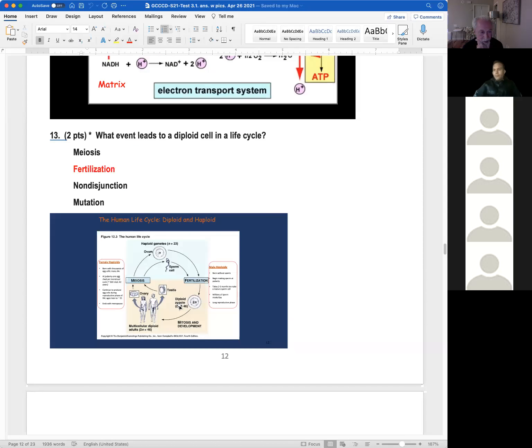If the sperm fertilizes the egg, that's called the fertilization step, and now you have a diploid zygote. And from that point on, humans remain diploid. The only haploid part of their life cycle is in the testes and the ovary, where gametes are made and meiosis occurs. So the answer to the question is fertilization.